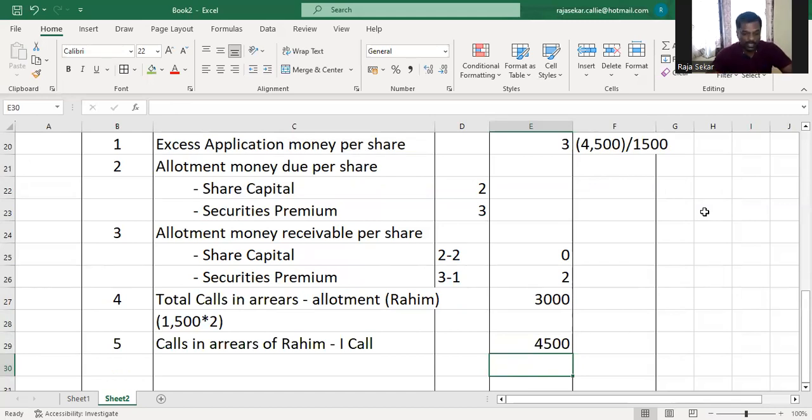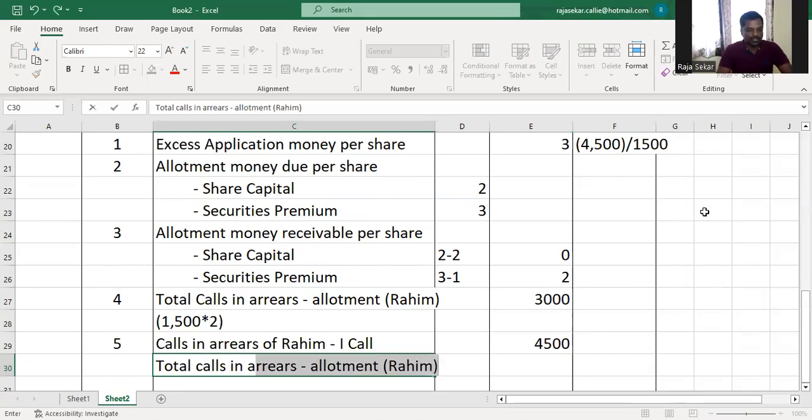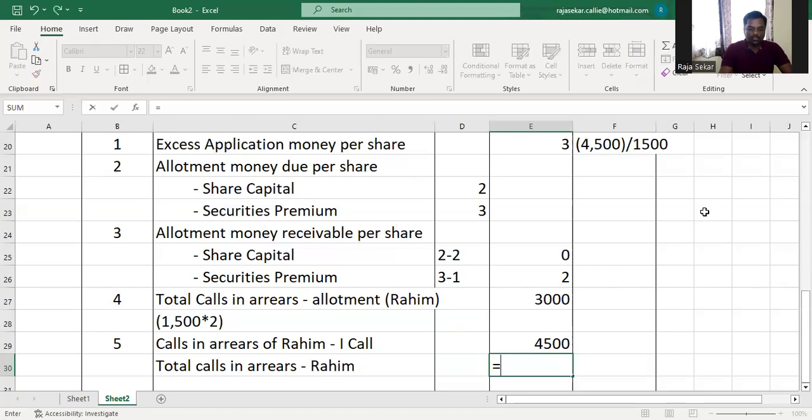All the excess application money available was only 3 and the allotment money due was 5, and that 3 was consumed by allotment itself. The total calls in arrears of Rahim would be 3,000 plus 4,500, which is 7,500.